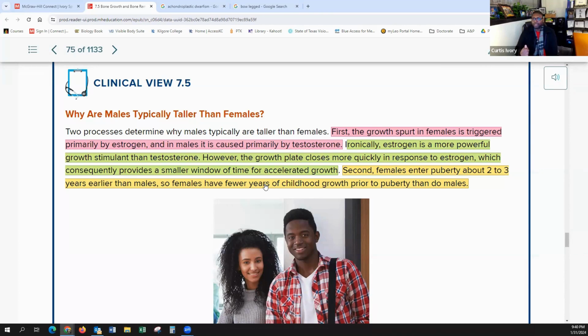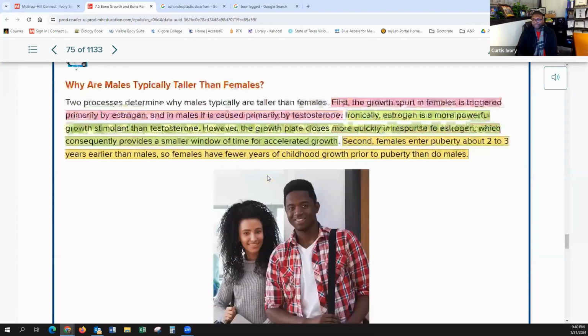And so typically, we end up becoming taller than women because we start puberty later and we continue to grow. So testosterone allows us to grow just a tad bit longer than women. On average, women enter puberty 2 to 3 years earlier than men. So essentially, you have fewer years to actually grow, unfortunately.